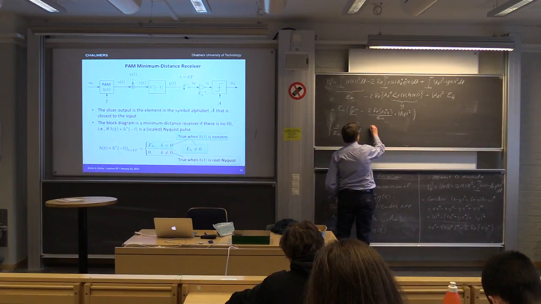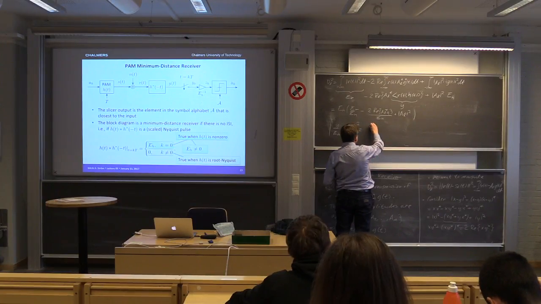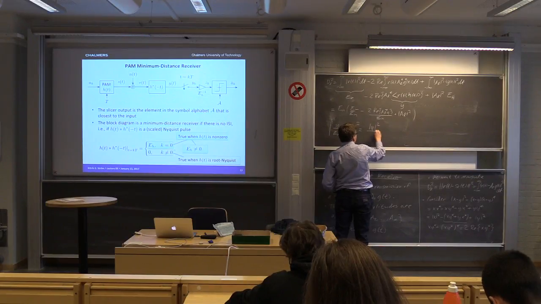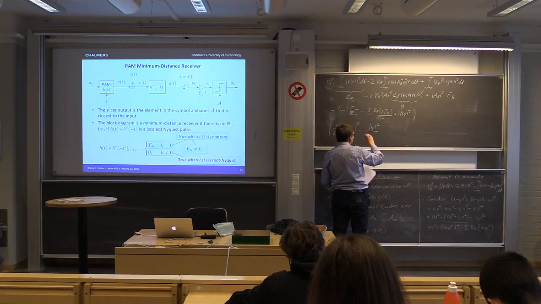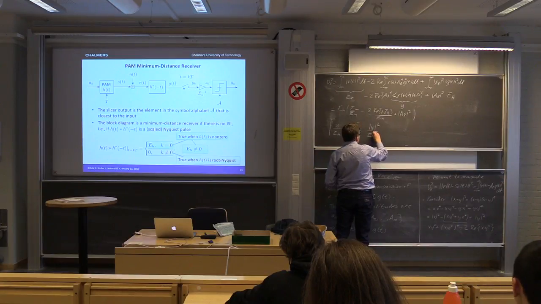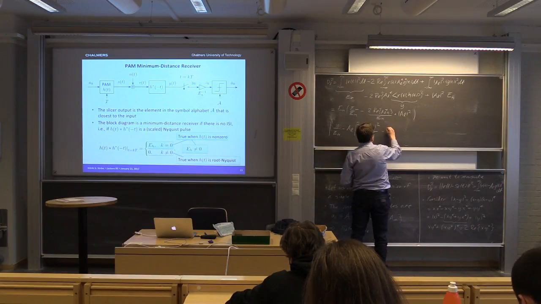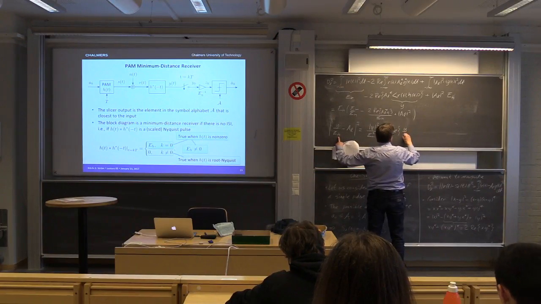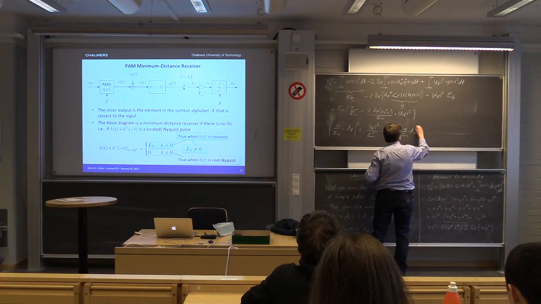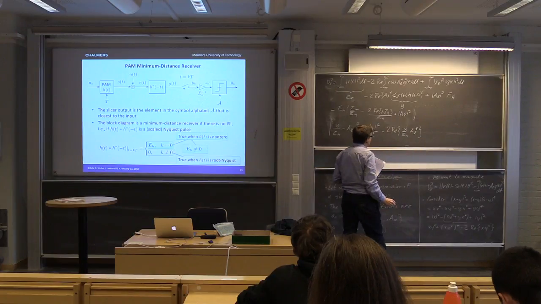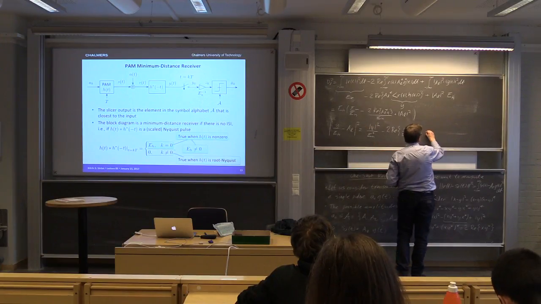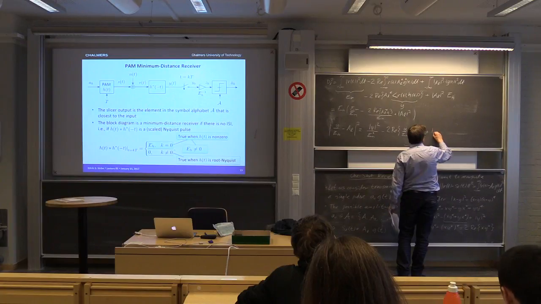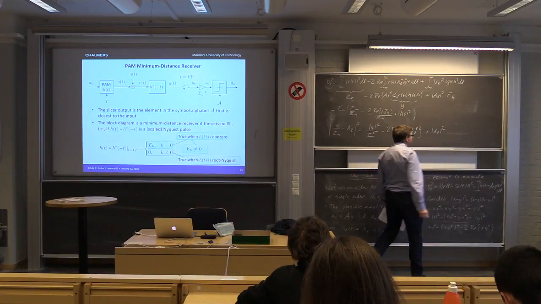So this is going to be magnitude Y squared divided by EH squared minus 2 times the real part of the first term, which is Y divided by EH times the complex conjugate of the second term, which is AL, and then plus the magnitude squared of the second term, which is AL magnitude squared.